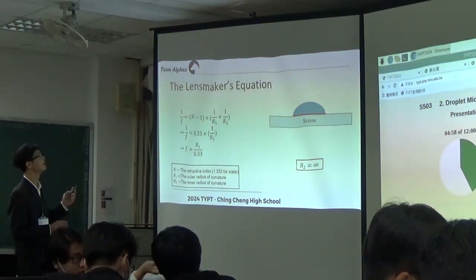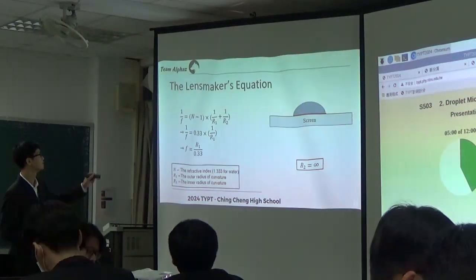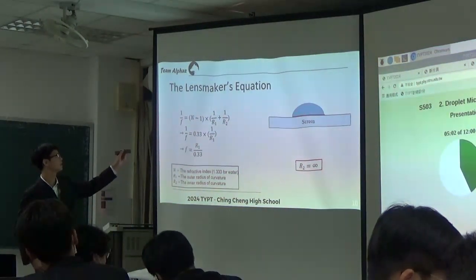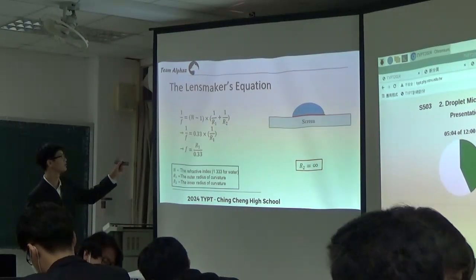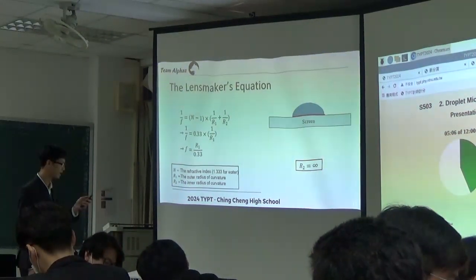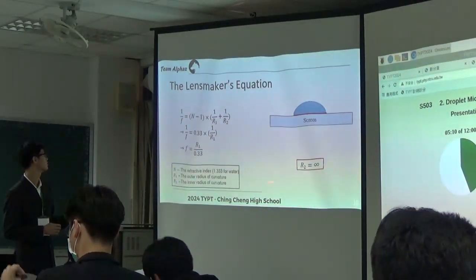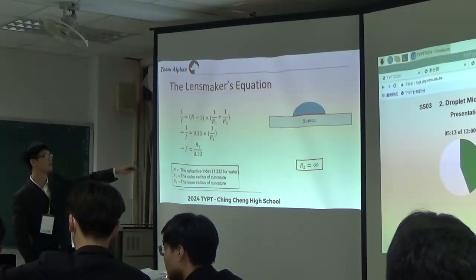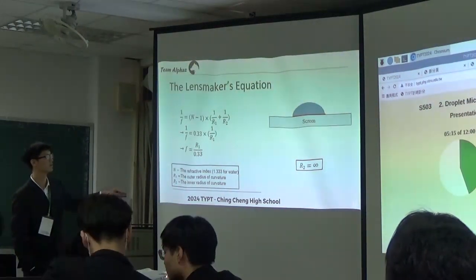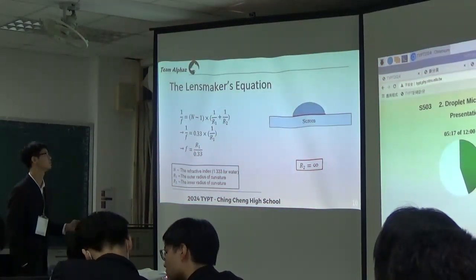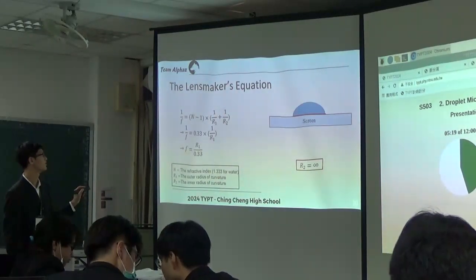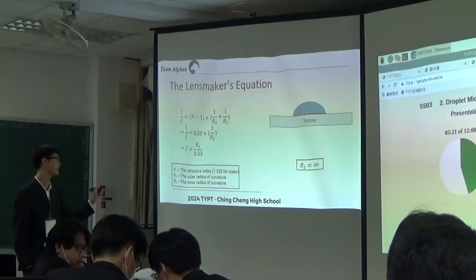The next one is the lensmaker's equation, and it's 1 over f equals (n minus 1) times the curvatures, with the radii of curvature. One of the curvatures is horizontal to the screen, so its radius is infinity, so that curvature turns to 0, so we can get this one.